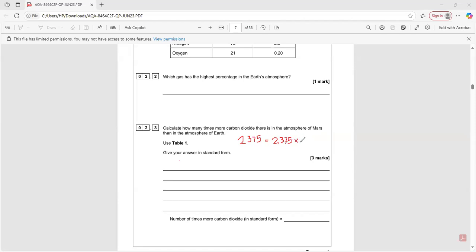Times 10 raised to a power. Now, the power could either be positive or negative, but this time you would ask yourself, what direction should it go in order to take it back to the original number? And you will see that the decimal point should move to the right-hand side, and that's 3 times. So it's a positive 3. So that's the answer in standard form.